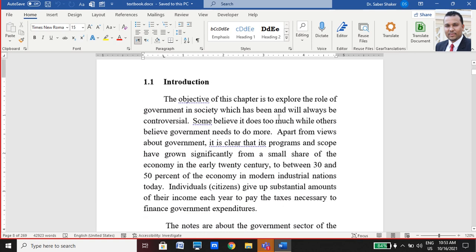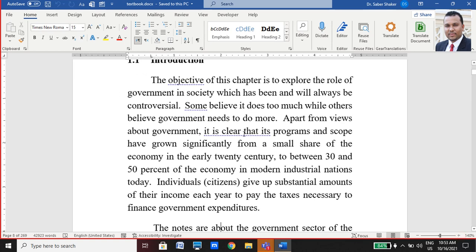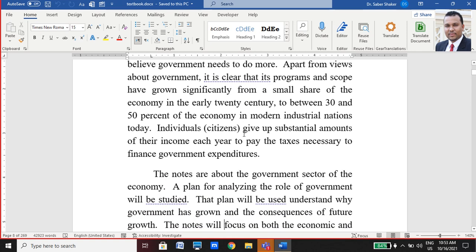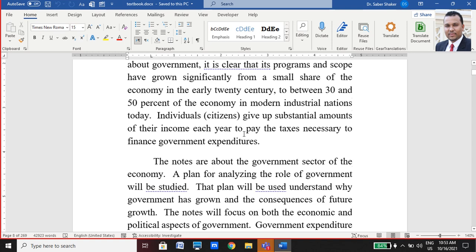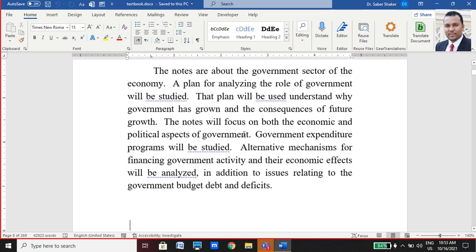Introduction to our chapter number 1. What about the objective of this chapter? To explore the role of government. The government plays an important role in all economic activities or all economic systems. But what about the range for this activity? This is based on the type of economic system.